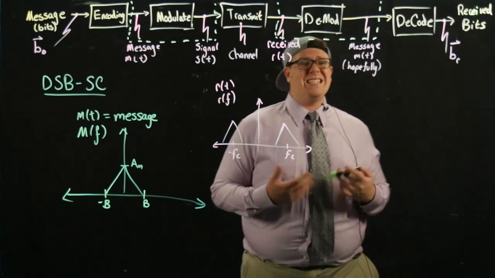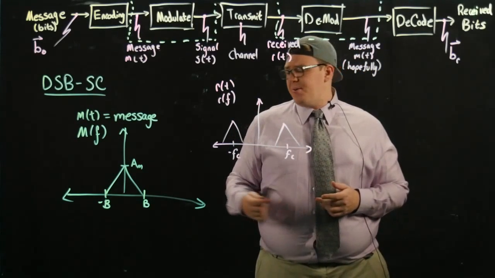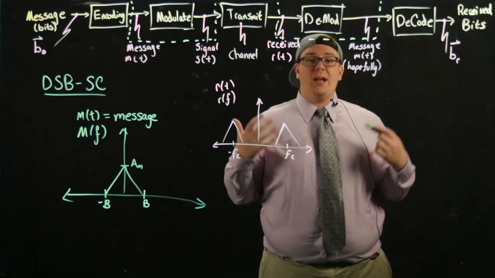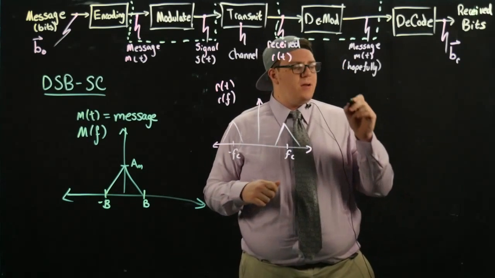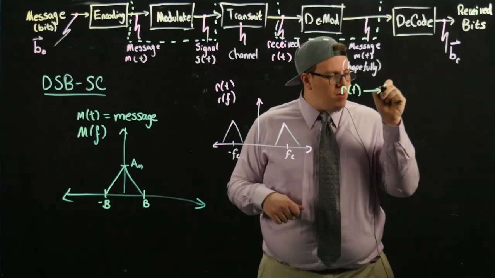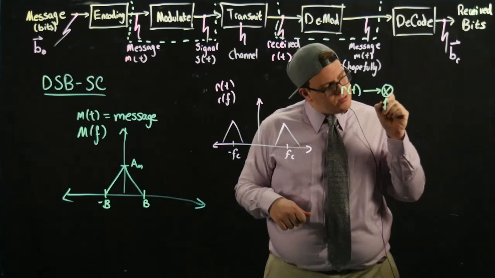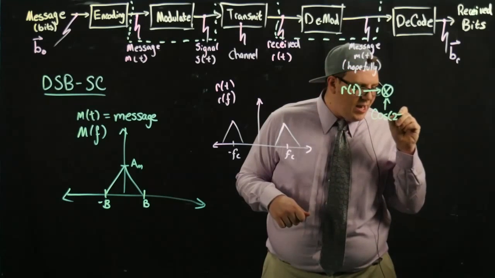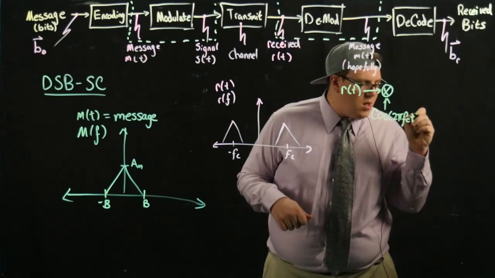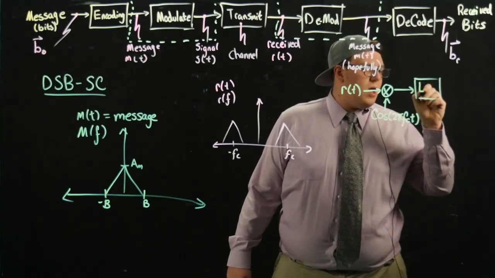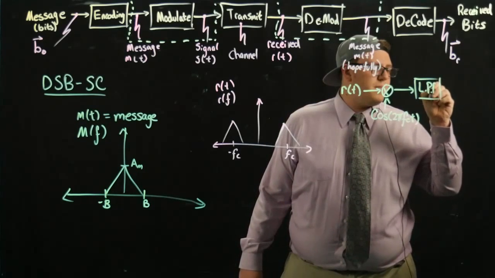The easiest way to do this is to multiply by a cosine again. Again, it sounds really simple, but it works. So all we do is take our r(t) and multiply it by a cosine, and there's one caveat: we then need to low-pass filter the signal.